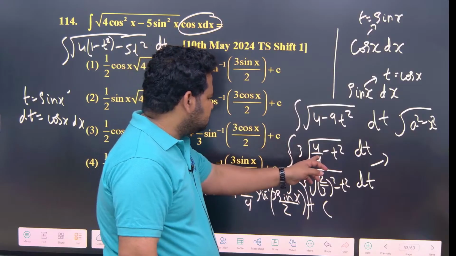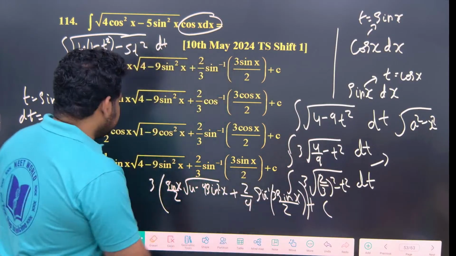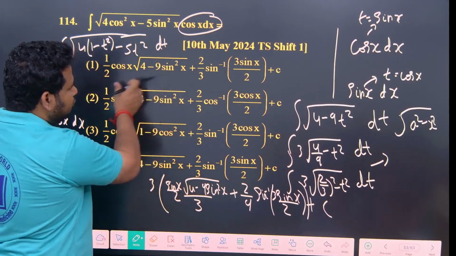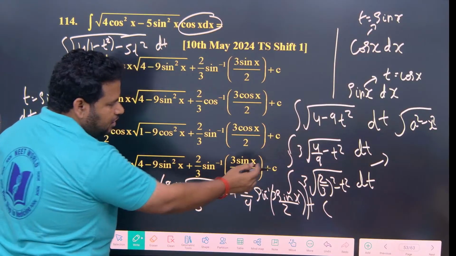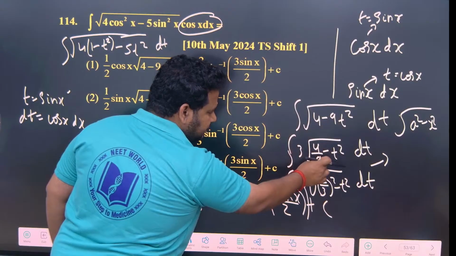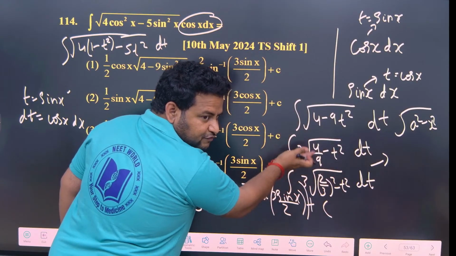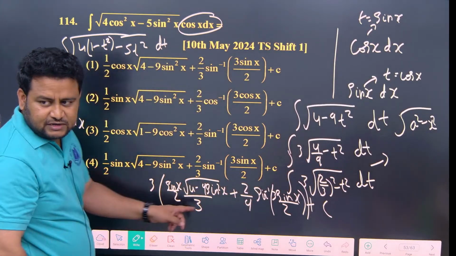Here if you take 9 outside, there will be 3. Or you can take 4 by 9 minus t square. 4 minus 9t square, if you remove the 9 out of the square root, you will get 3. This will be 4 minus 9 sin square x by 3.